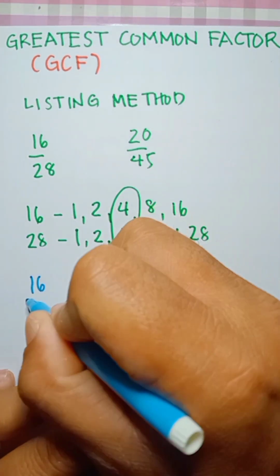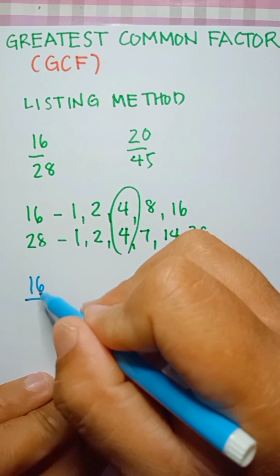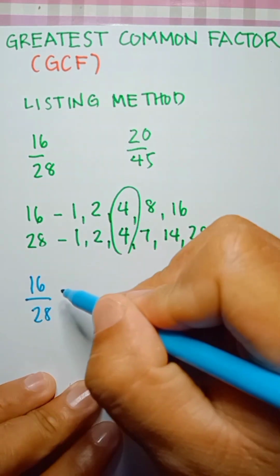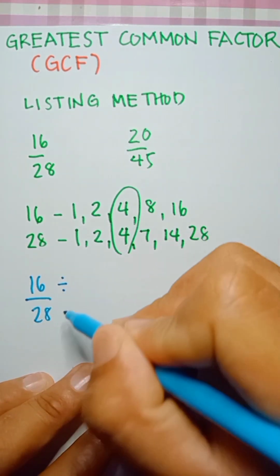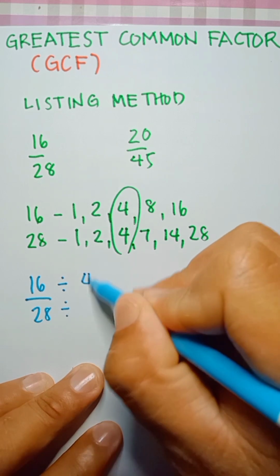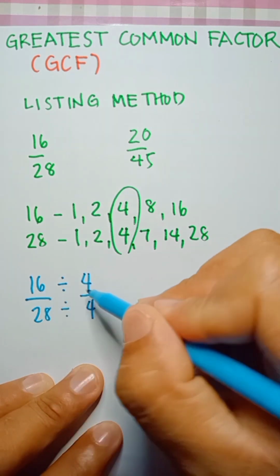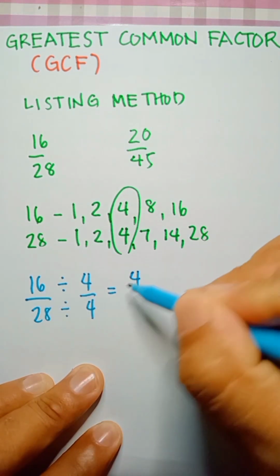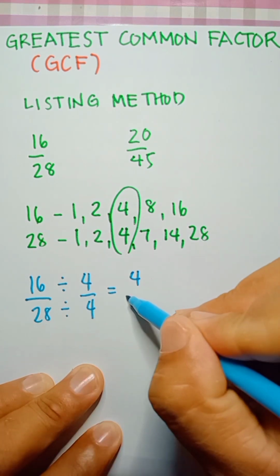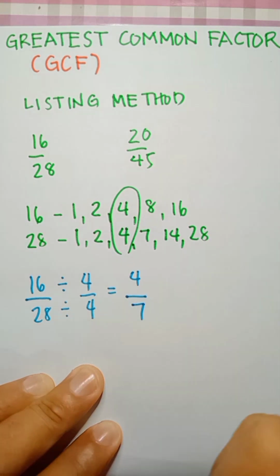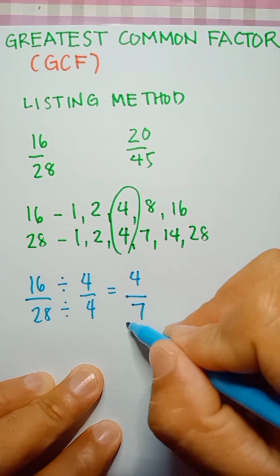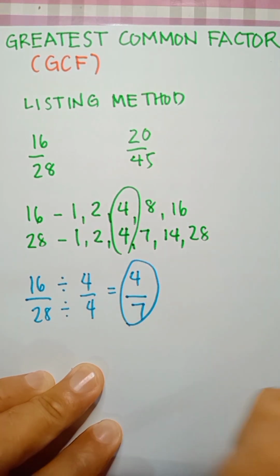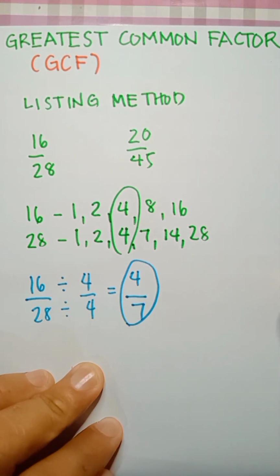So 16 over 28 can be divided by 4 over 4. 16 divided by 4 is simply 4, and 28 divided by 4 is simply 7. And this is now the reduced form of 16 over 28.